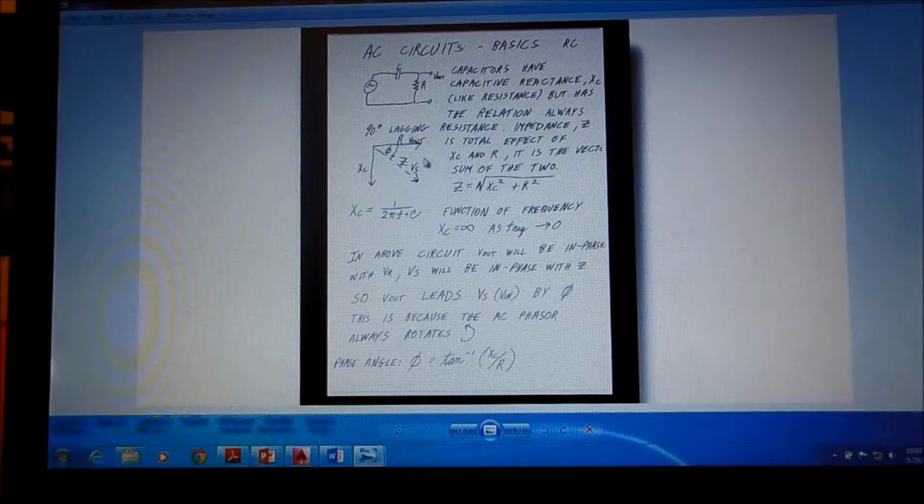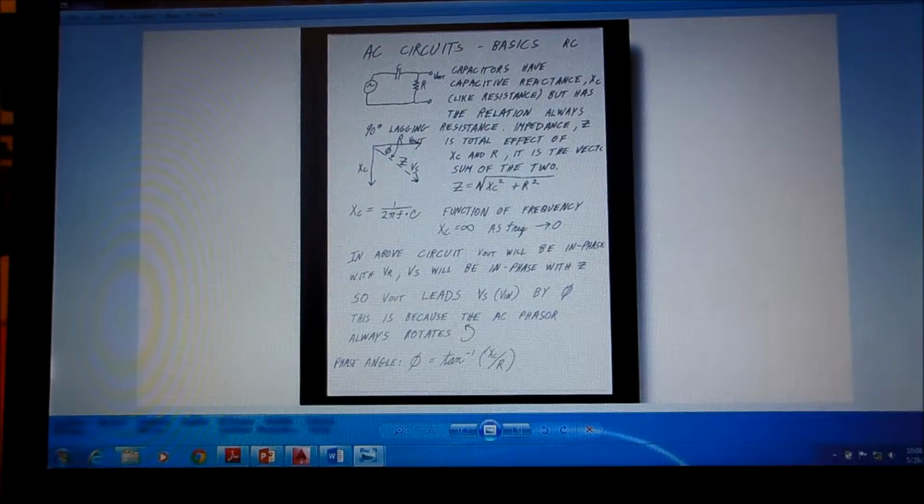In this case, the output is going to be leading the input, because the AC phasor rotation is always counterclockwise in this direction, as the little mouse indicator shows. So if we're standing at any point, like right up here, we're going to see this output voltage before we see the source voltage, Vs. That's what they call a leading circuit.